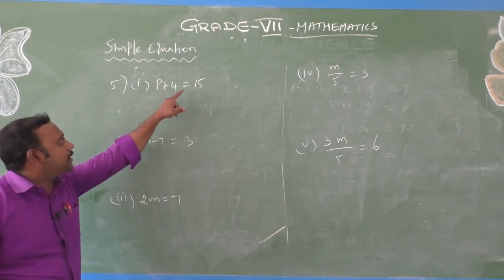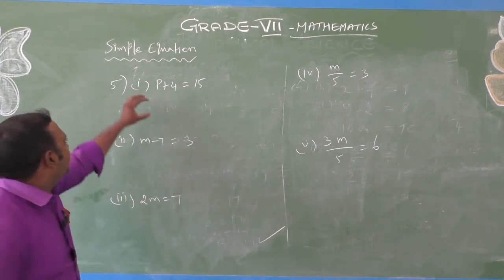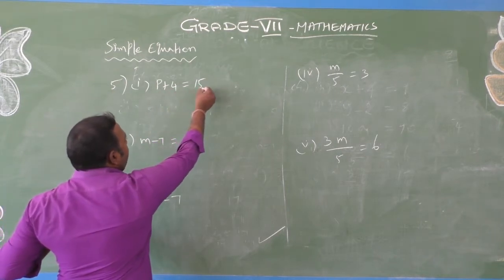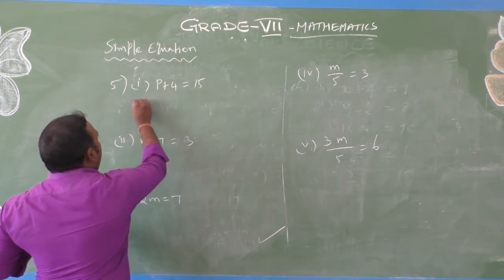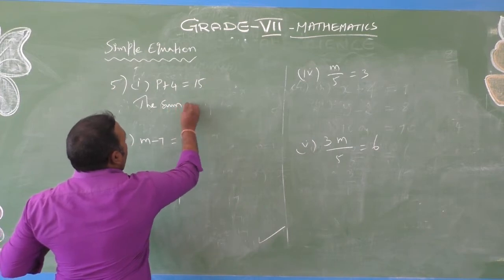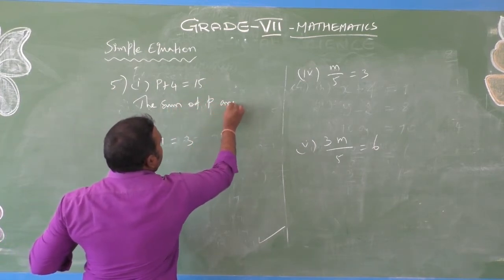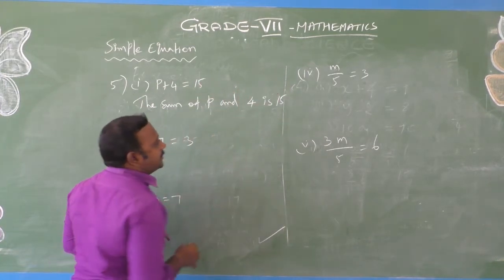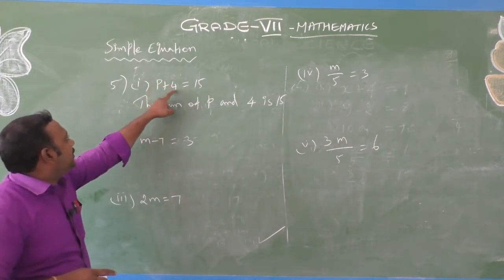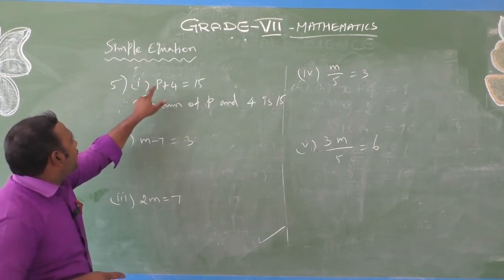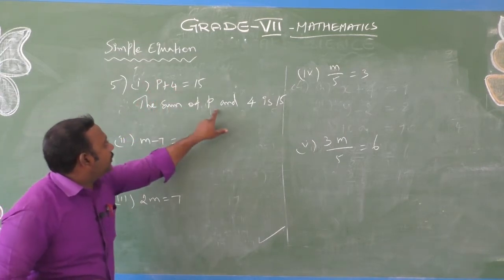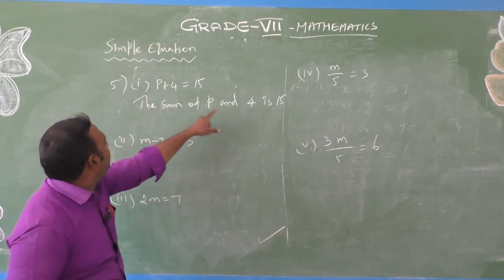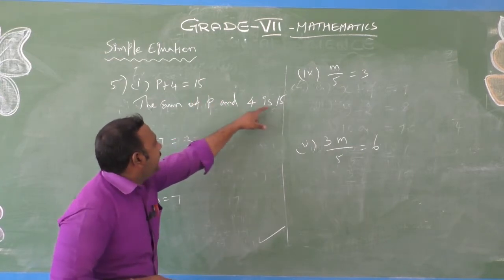Here p plus 4 is equal to 15 is the equation, so we have to write it in statement form. p plus 4 is equal to 15 means the sum of p and 4 is 15. This is the answer.